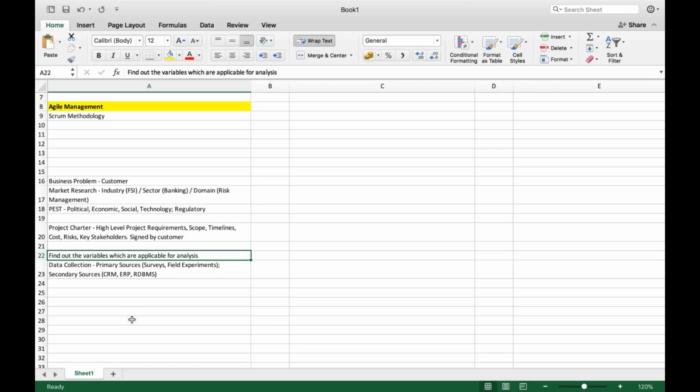Hence, during your market research, also go ahead and do a simple Google search. What are the kind of prediction models that were built in the space of oil and gas, for example? You'll get to know a bunch of those on the internet. Just do some reading of all those prediction models which have already been built. Okay, and you will get a fair bit of idea on what variables people are choosing.